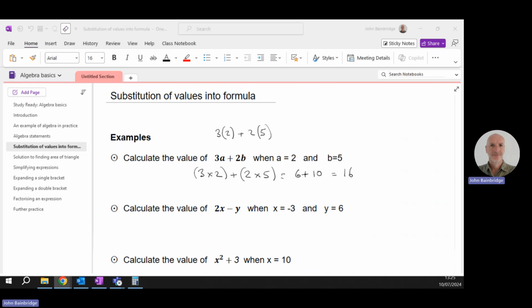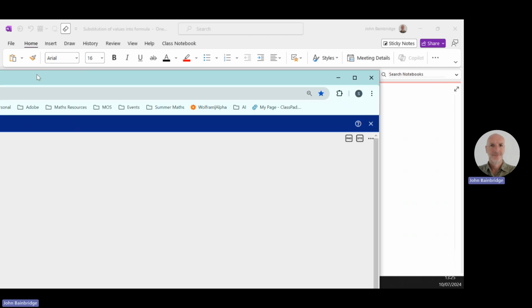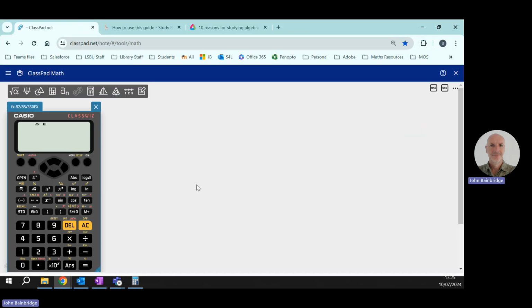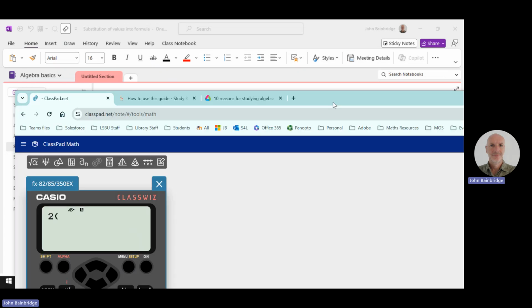I'm just going to bring up a calculator, picking it up from my other screen. If you've got a scientific calculator like this, you can just put it in just as I said. So you put brackets. I can't remember what we had.